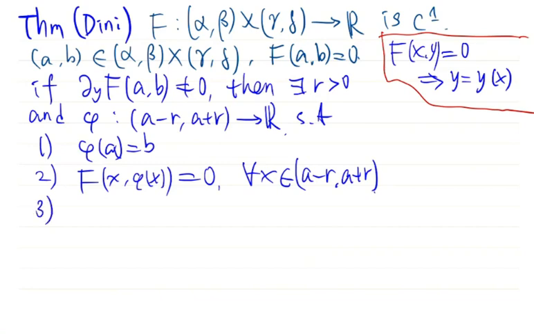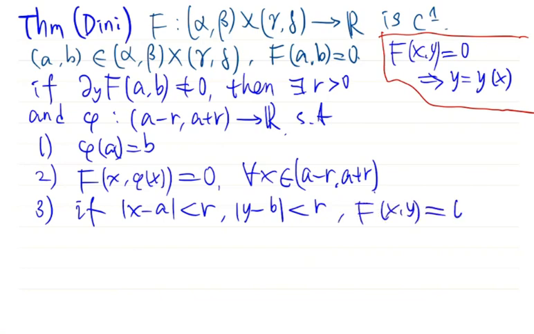The third conclusion is that if x is close to a and y is also close to b, and (x, y) satisfies the equation F equals 0, then y is phi(x). This means given x near a, there is only one y satisfying the equation. This is a uniqueness conclusion.